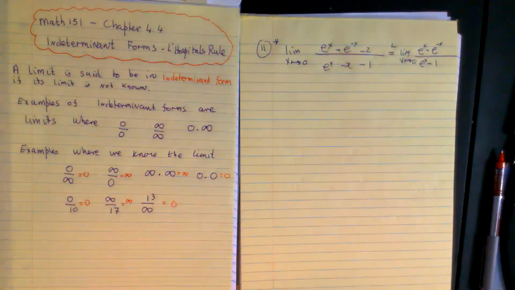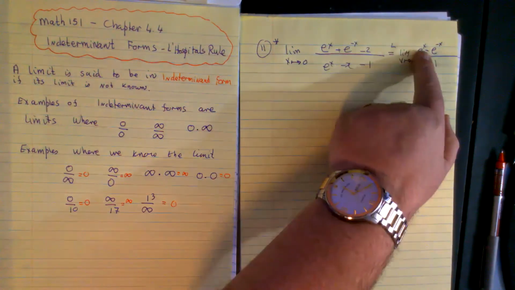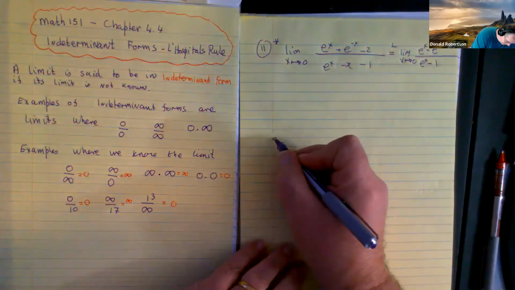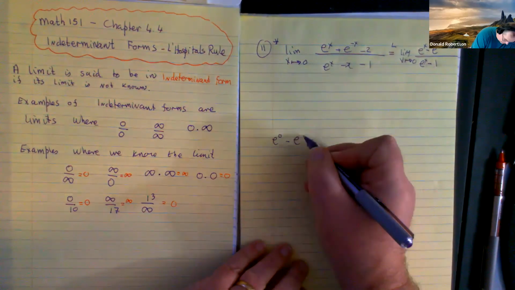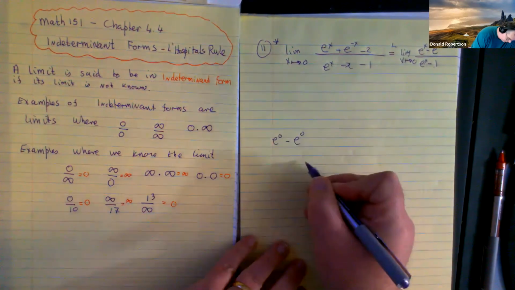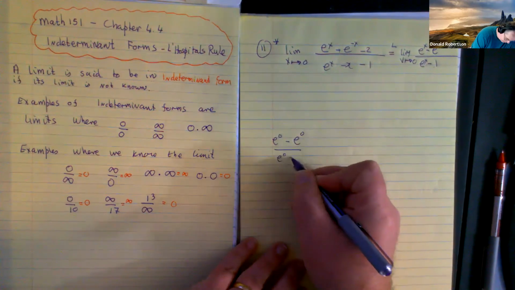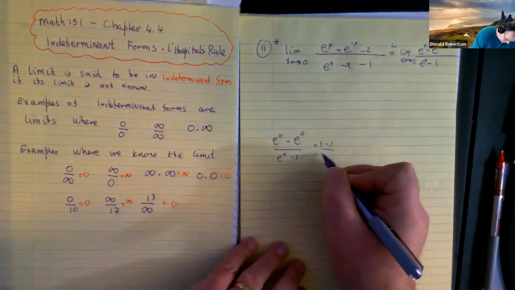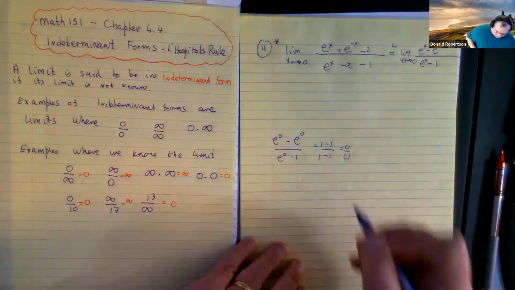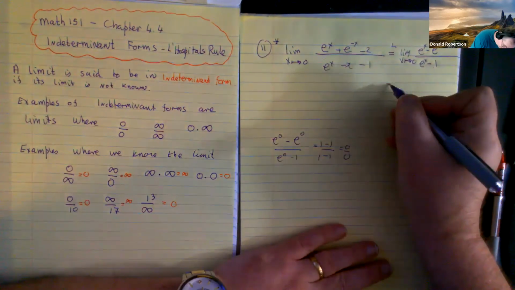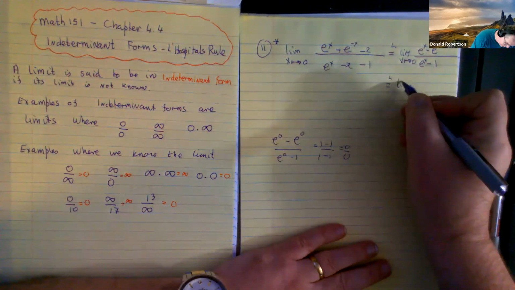Now, if you plug 0 into this expression, you'll get e to the 0, take away e to the negative 0, still 0. And you'll get e to the 0, take away 1. So what you're going to get here is indeterminate form. Well, when that happens, you just do it again.